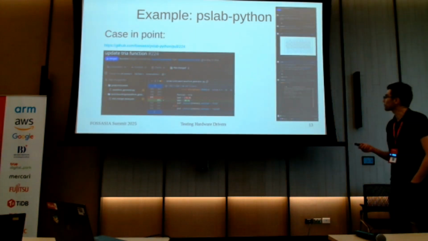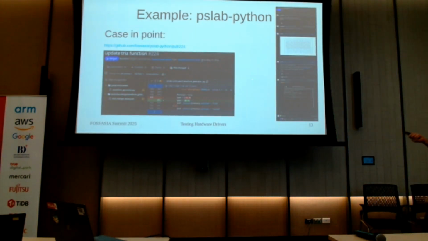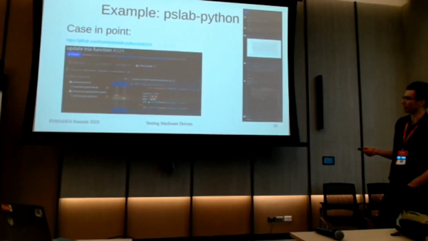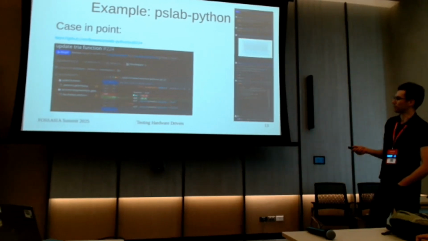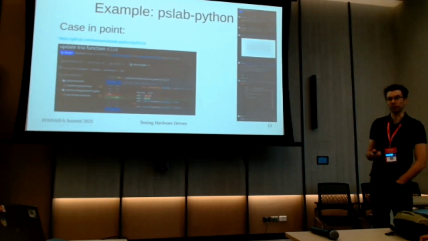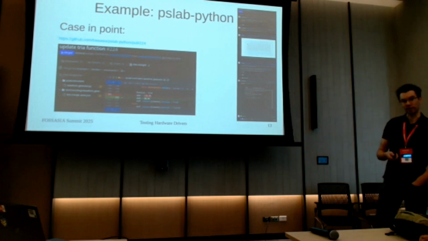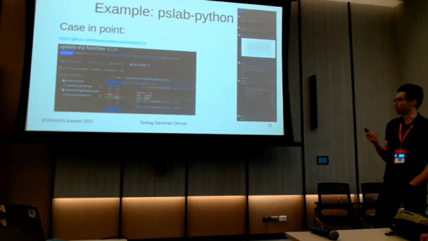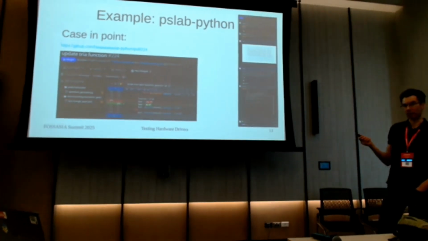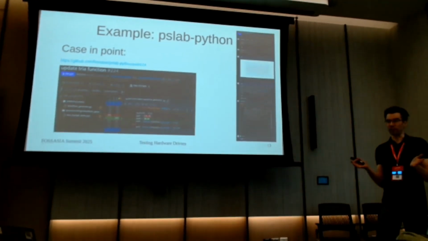As a case in point, this is a pull request against PESA Python. It's super simple. This pull request fixes a problem. It's not really a problem at all. This already worked fine in Python, but basically there was a difference between the Python and the Java implementation of the triangular waveform function, because Java and Python handle the modulus operation differently.